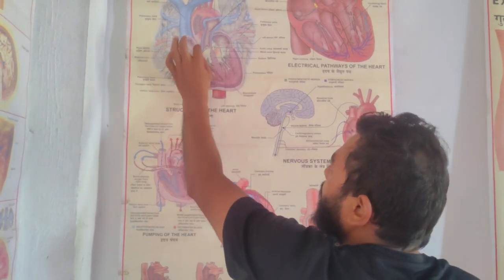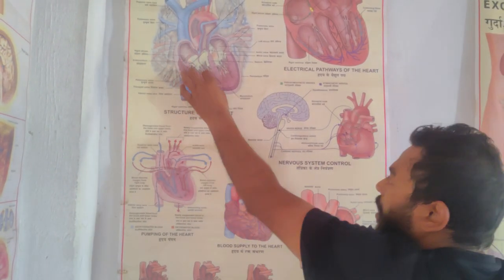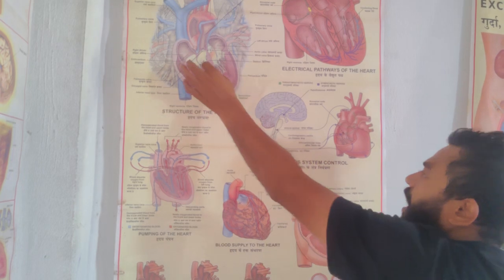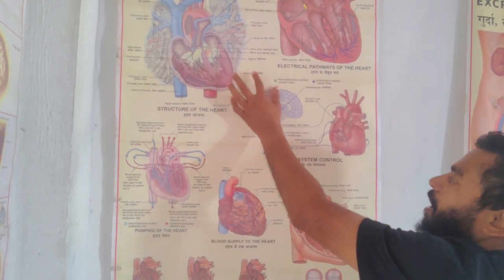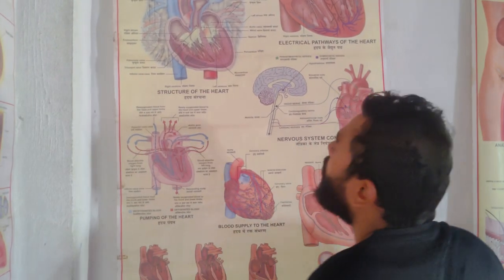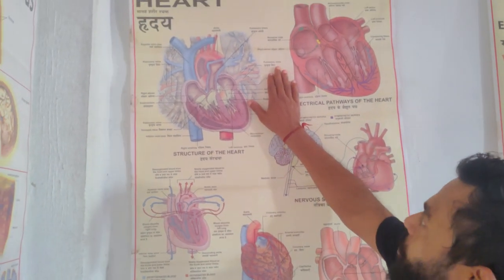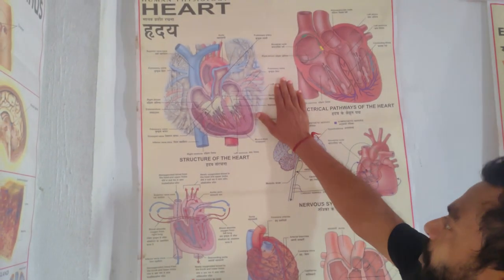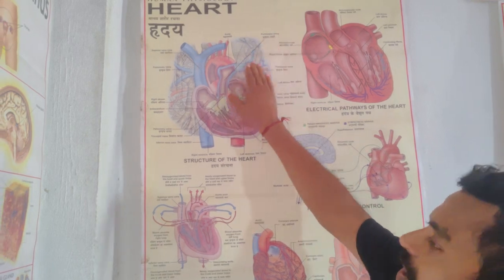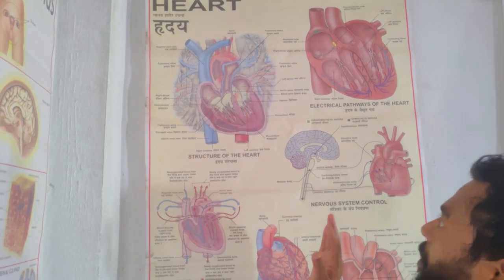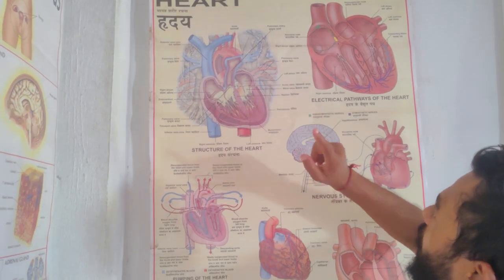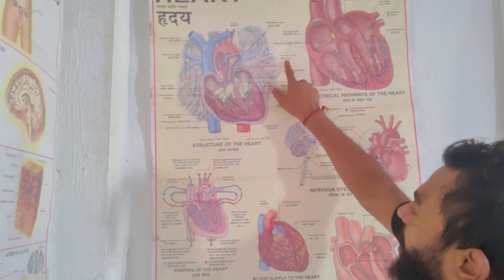Then the blood comes outside the heart by the help of the pulmonary artery, and after purification in the lungs, the blood enters the left auricle by the help of the pulmonary vein.